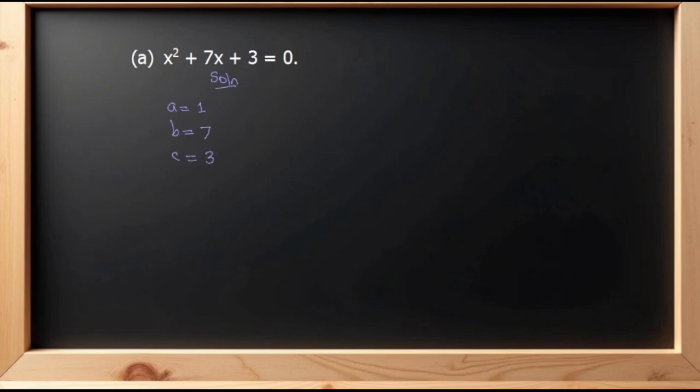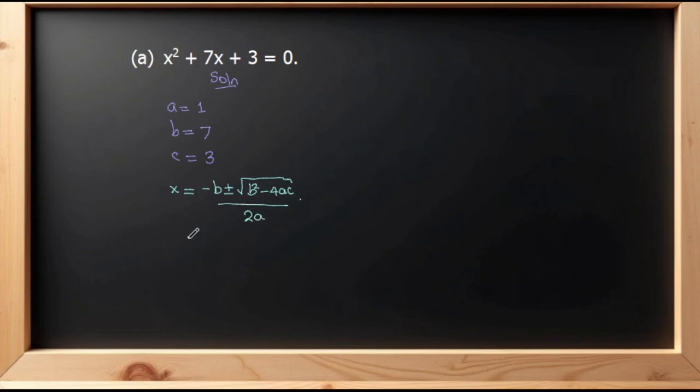Now writing down our formula, we have x calculated from negative b, either positive or negative, because solutions to a quadratic equation are always 2. So we have b squared minus 4ac, and we divide this by 2a.